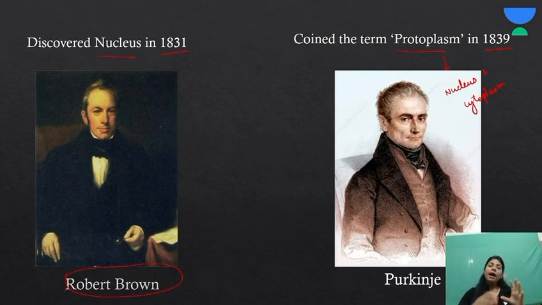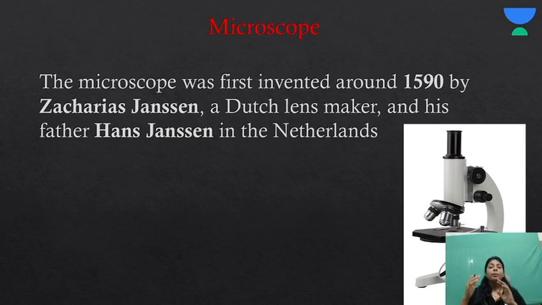After all these discoveries came three more scientists who formulated the cell theory. But before the cell theory, we need to know the equipment which was used to visualize the cell. It was a microscope. Why? Because the cell is very small.